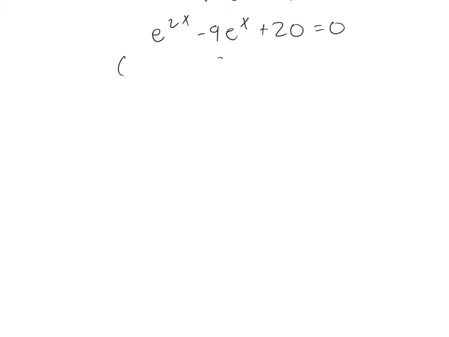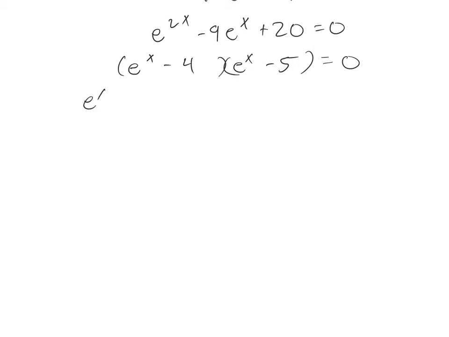So here, I would factor it just normally like a quadratic: two factors of 20 that add up to make negative 9. Well, isn't that negative 4 and negative 5? So (e to the x minus 4)(e to the x minus 5). That factors well.